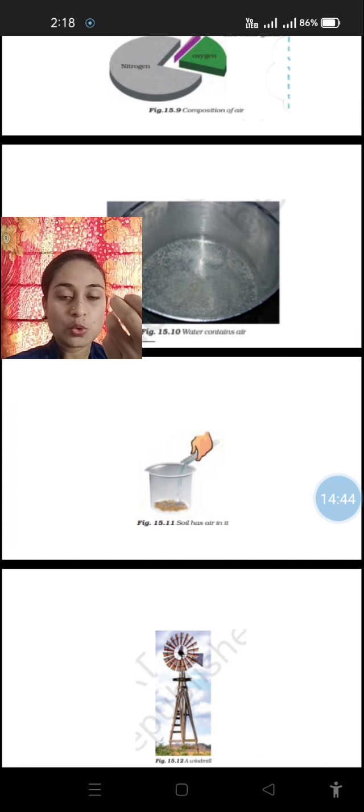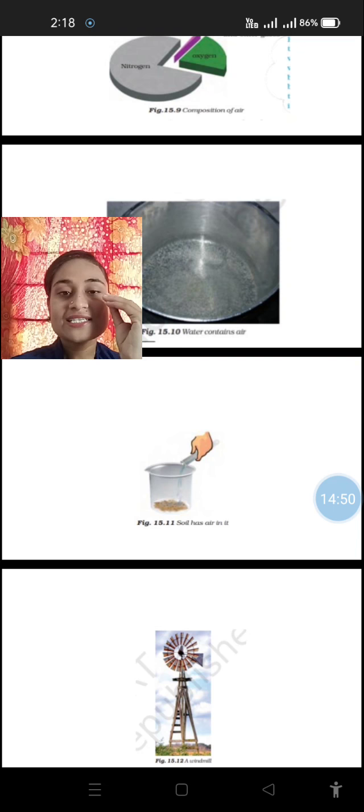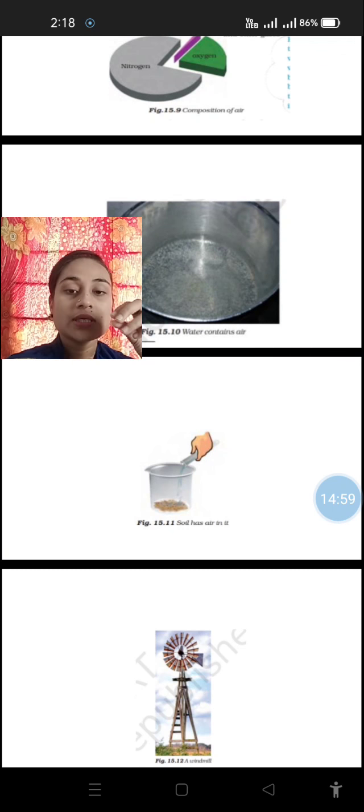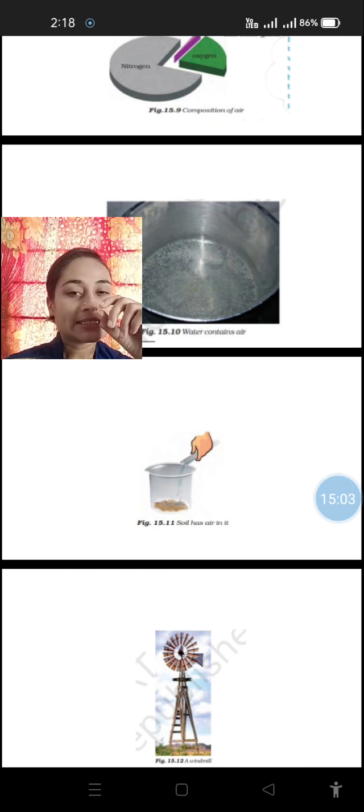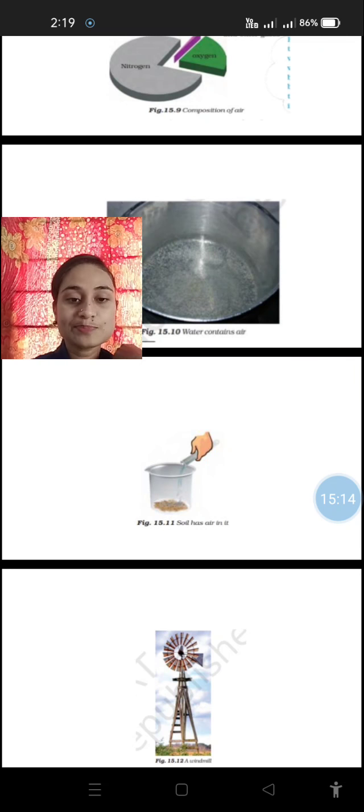After a second or two we can observe that the sand becomes clay-like, or wetted with the water. But at the same time we can see small bubbles, or gaseous particles, coming out of the sand, which is known as the soil.